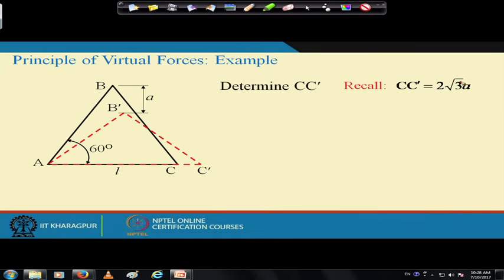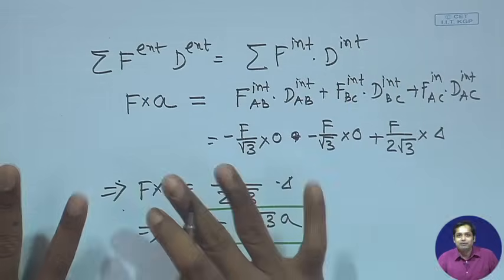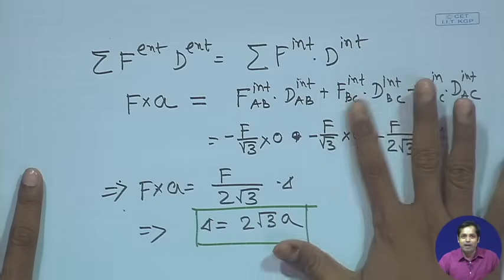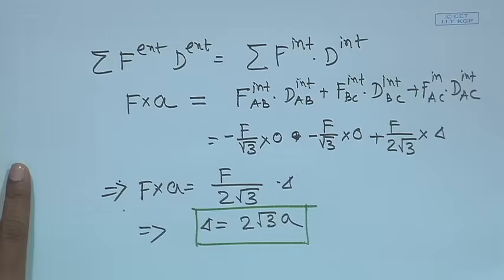Essentially, we have not solved any geometry problem, it is a purely static problem, but we actually solve the geometry problem. This we can simply obtain from geometry, but that problem is solved using statics. So, that is the difference between the principle of virtual displacement and the principle of virtual forces. In the principle of virtual displacement, we solve the problem of statics through geometry, and here we solve the problem of geometry through statics.